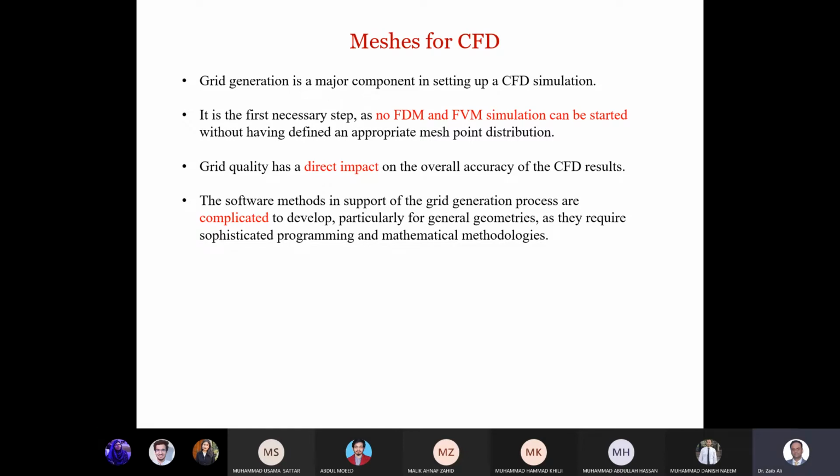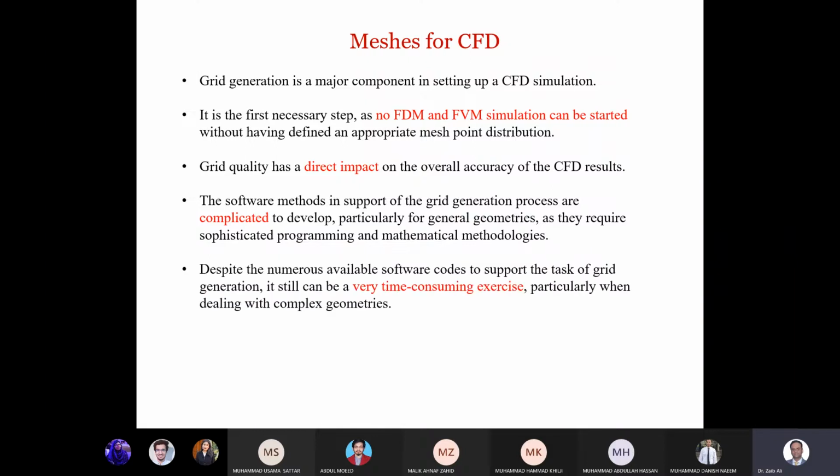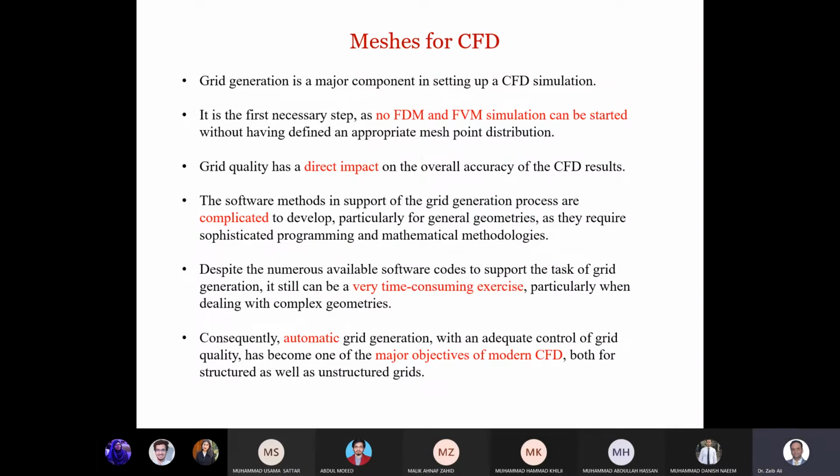So it's probably one of the most time-consuming steps in all of CFD simulations. That's why nowadays the thrust is towards semi-automatic or automatic generation methods, and probably fully automatic unstructured meshing will be the future.